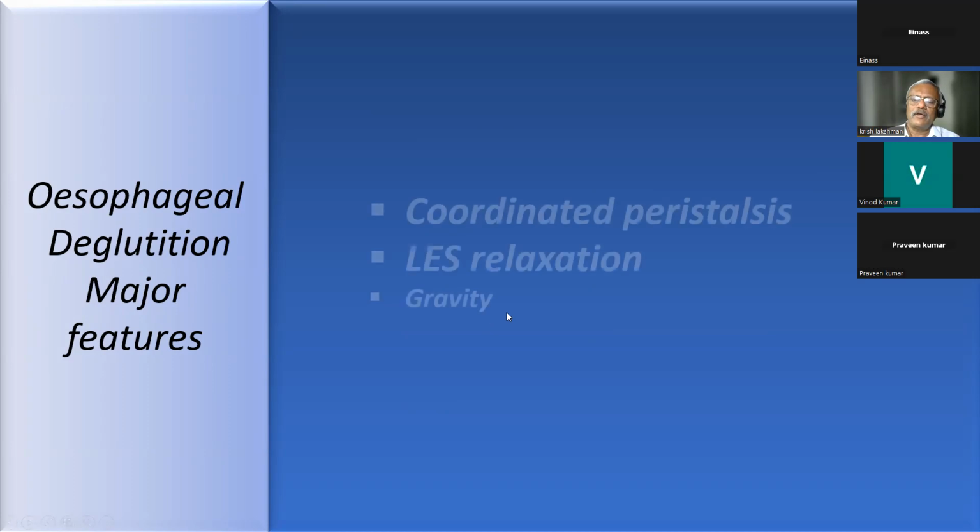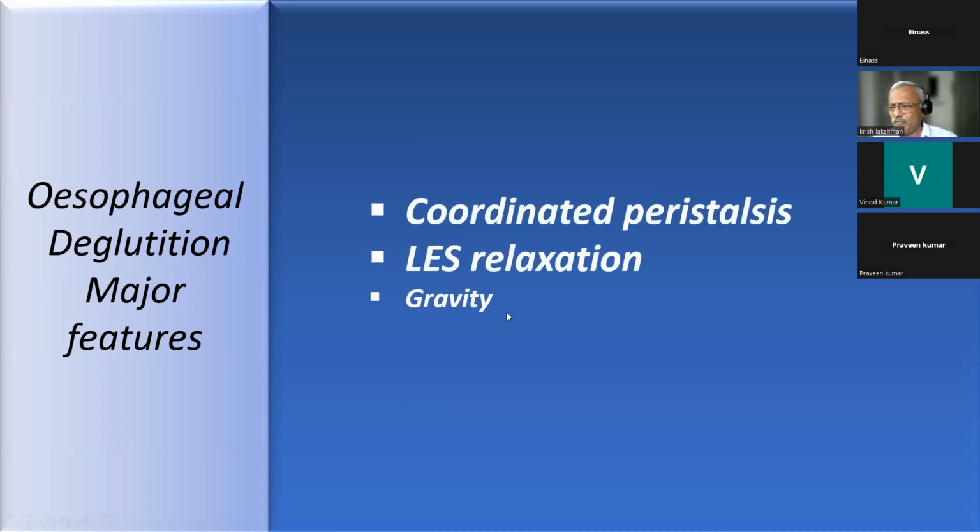Excellent. If you understand this, gravity, of course, is important, but it is much less important. That's why I put it in small letters. So it's important to know that there must be a coordinated peristalsis and a synchronized relaxation of the LES. Without it, you cannot have smooth swallowing.